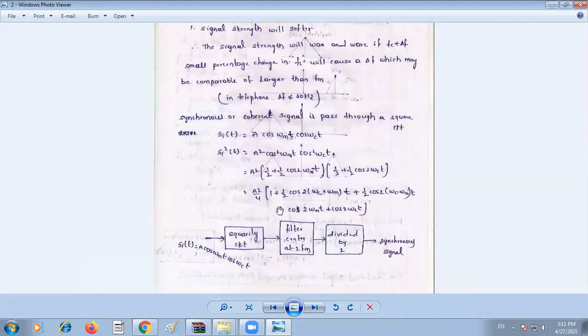So you know this mathematical equation of the recovered signal, no? The signal is A cos omega m t and cos omega c t. This is the frequency translated signal. When this is passed through a squaring circuit, we get A square cos square omega m t, cos square omega c t.